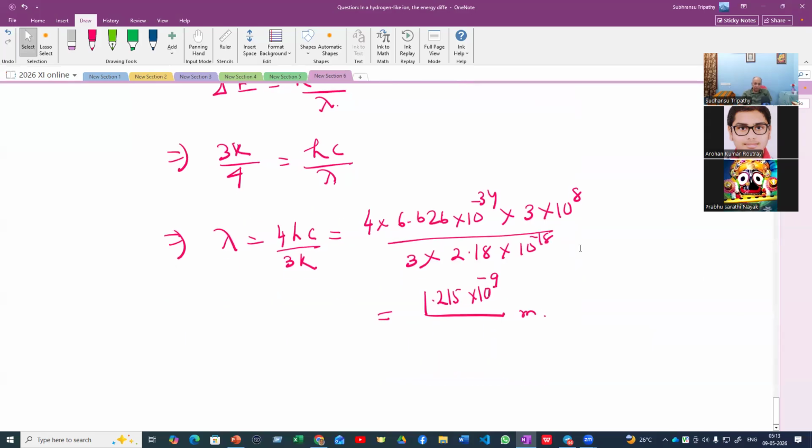This should come something like this, so that when you convert to angstrom, 1 meter is equal to 10 to the 10 angstrom.